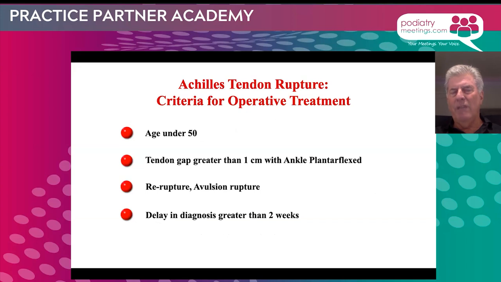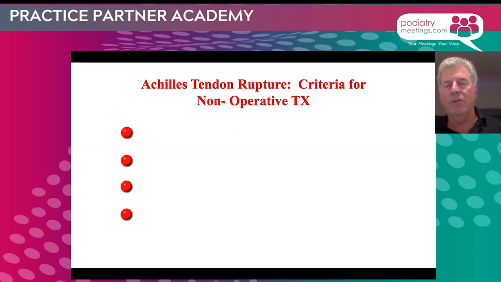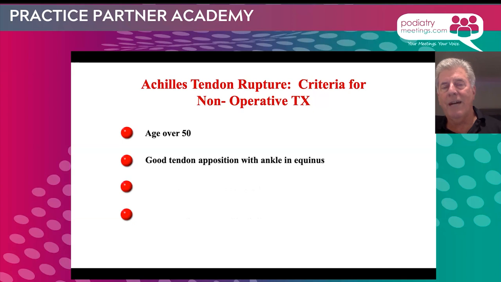And in general, if a patient is under the age of 50 and they have a tendon gap greater than 1 centimeter with the ankle in equinus, they really should have surgery. If they've had a delay in diagnosis greater than 2 weeks, they will do better with surgery. However, patients over the age of 50 who have good tendon apposition, which is really 5 millimeters or less, and they're diagnosed within a week of injury, they probably will do fine with non-operative treatment.